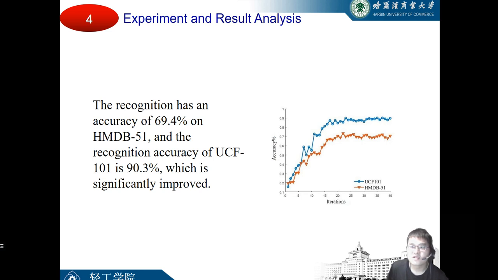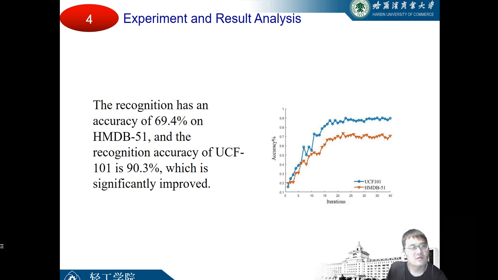The train times are set to 14. The train set used 17% of the data set, and 30% is experimental set.